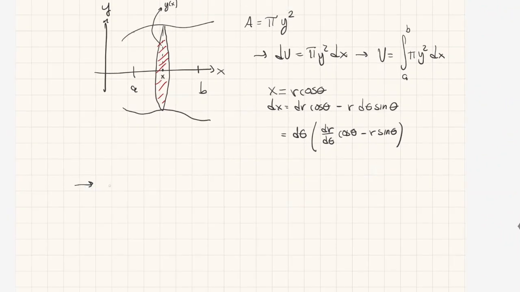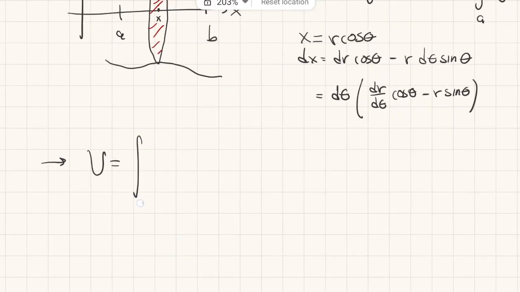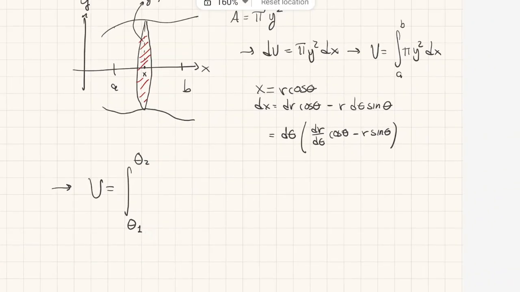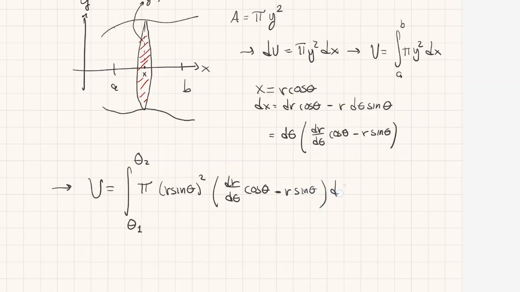And then our volume will be an integral, now from an initial angle theta 1 to a final angle theta 2, of pi y squared, but y squared is equal to r sine theta squared, and then dx, but that is the derivative of r with respect to theta, cosine theta, minus r sine theta, times d theta, right?